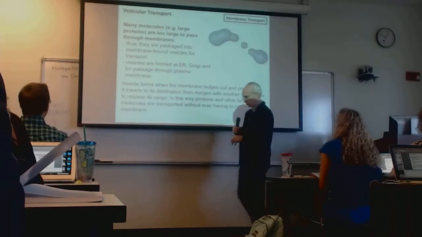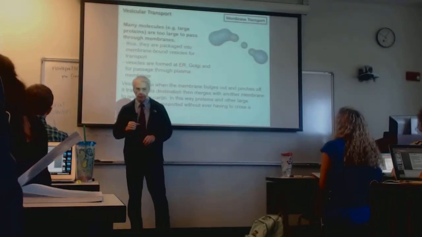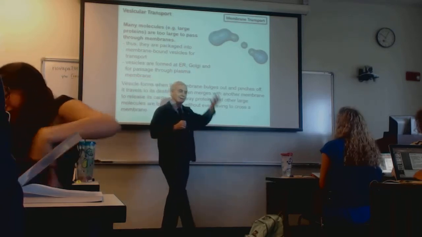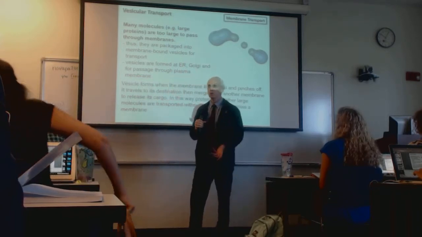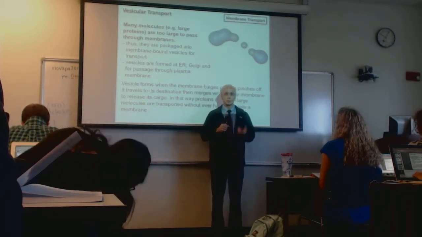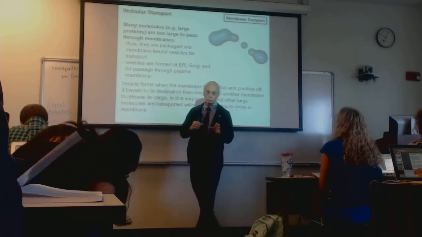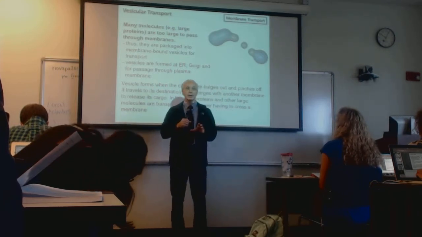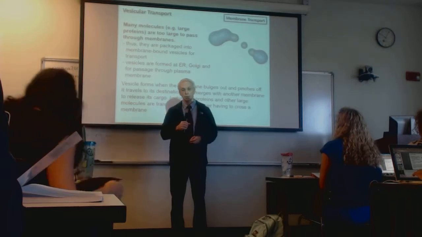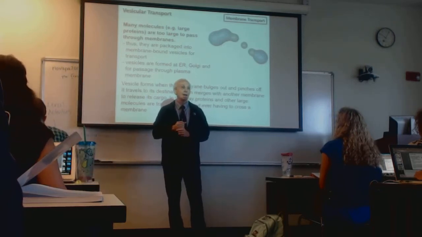For a number of reasons, usually related to the size of the substance that is either going to be taken into the cell or discharged from the cell, sometimes a transport mechanism, such as we've discussed, is inadequate. By that I mean that something that needs to be taken into the cell or removed from the cell is simply too large to be handled by one of the mechanisms we discussed thus far.